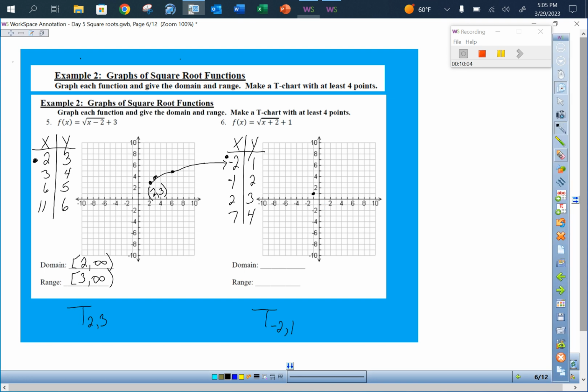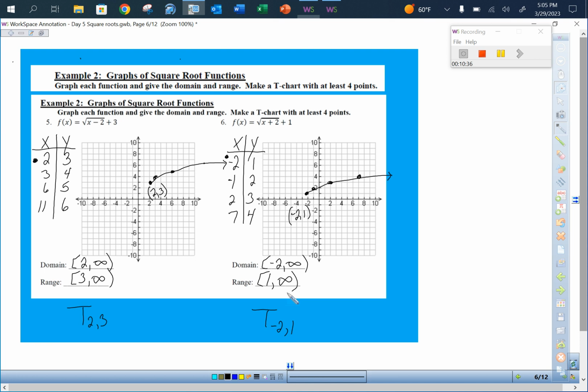And I just plotted that wrong, guys. Let me do this right. -2, 1, -1, 2, 2, 3, 7, 4. I'm going to label this point for you, -2, 1, because my domain, -2 to infinity, my range starting at 1 and going up, up, and away.